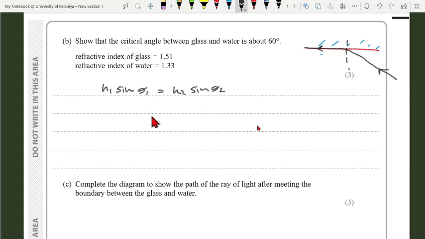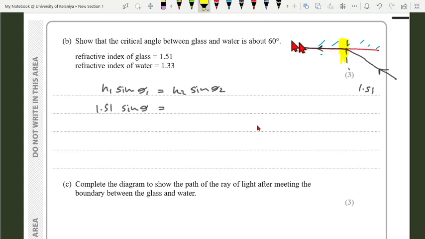We know the refractive index of glass, since it is coming from the glass, is 1.51, and theta is what we need to find. So I'm going to write 1.51 times sine theta, and here you can clearly see it is 90 degrees, because we always measure with the normal.